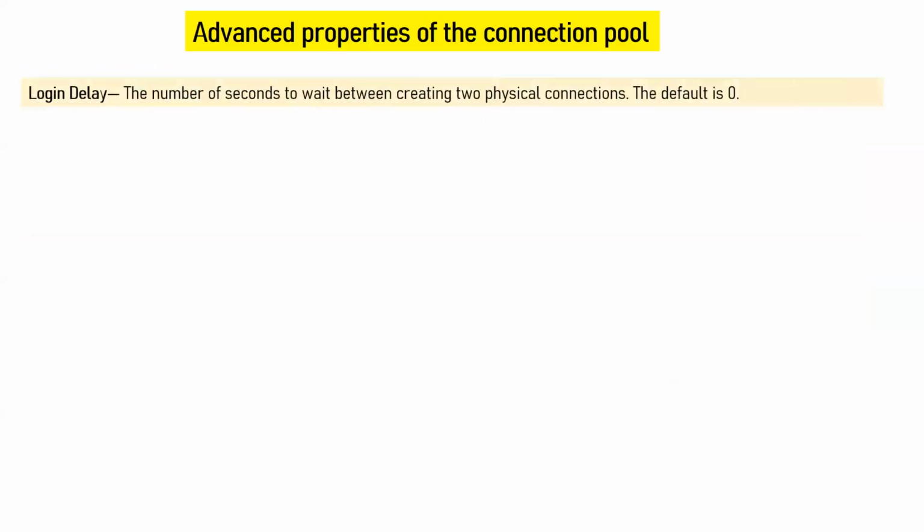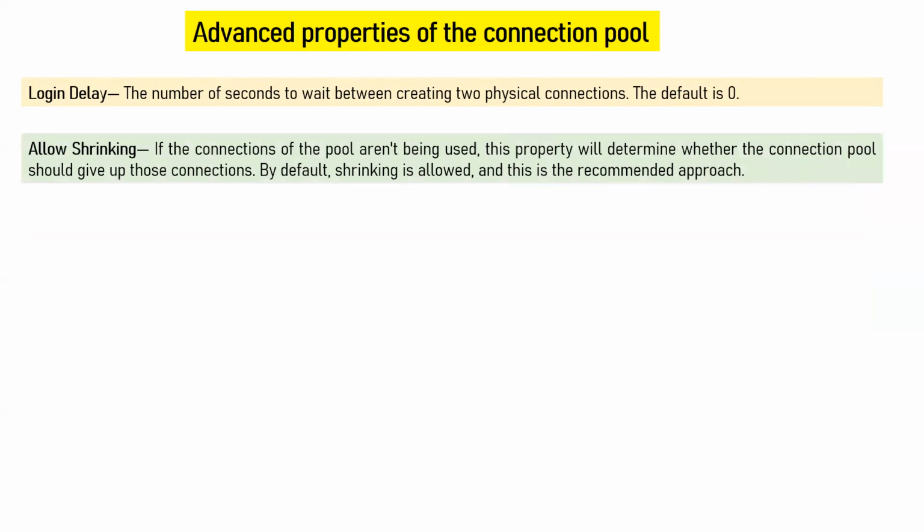Apart from that, you have certain advanced properties for the connection pool. Login delay is the number of seconds to wait before creating the physical connections. The default is 0. That means whenever you need more connections, your connection pool is going to create new connections according to the capacity increment; with a login delay, it will wait for a certain time before creating them.